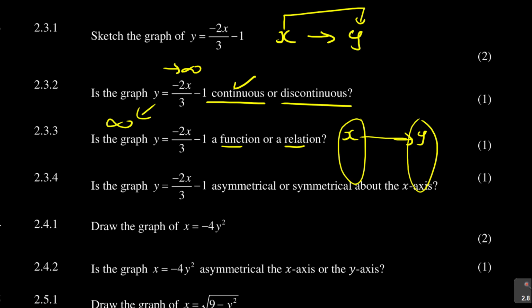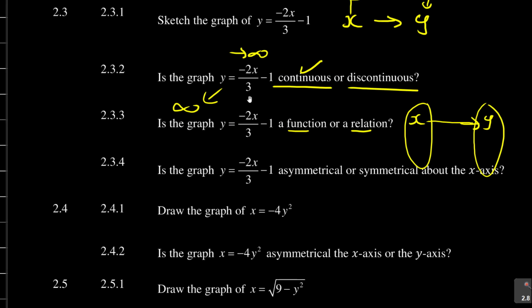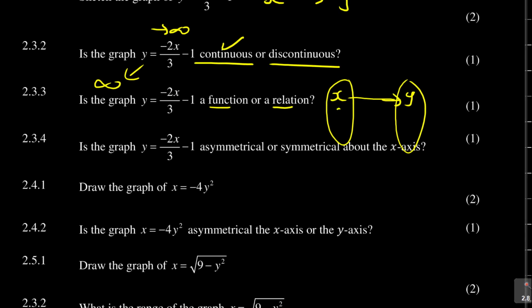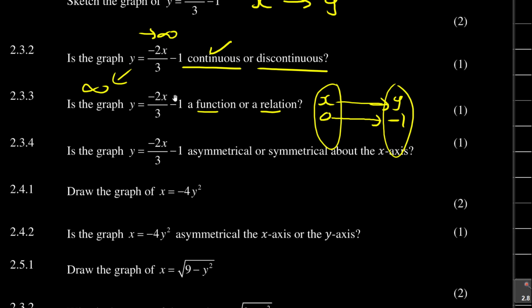For example, when x is 0 and y is -1, I had x being 0, y being -1. You can see that for every single value of x, there is a single value of y. Also, we did another one. For example, x is 6, y is -5. There is a single value from the range to the domain. So this means it is a function.